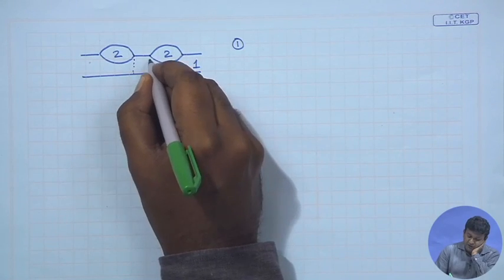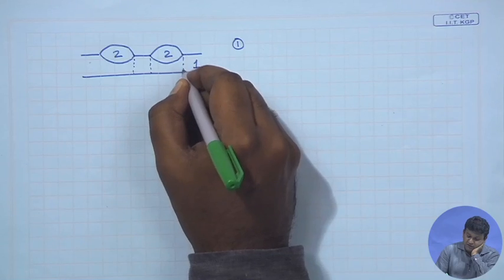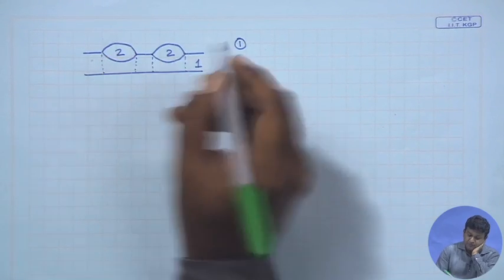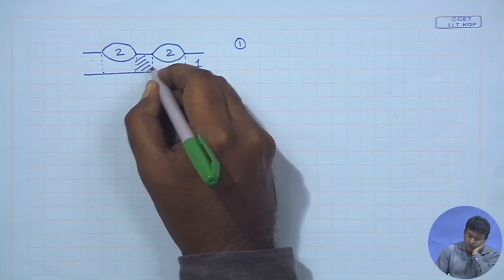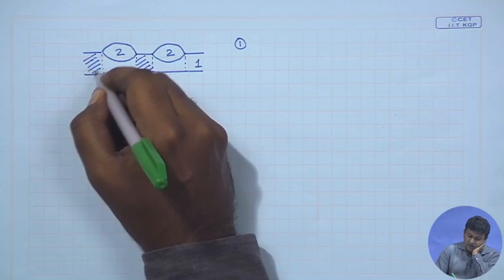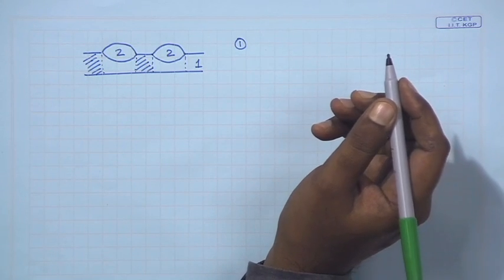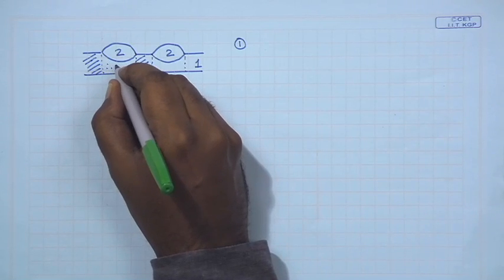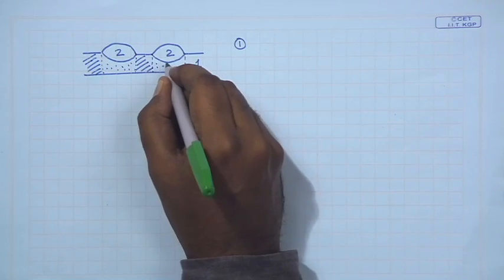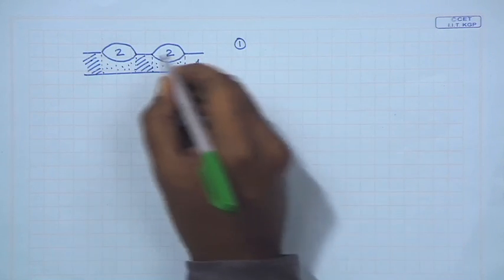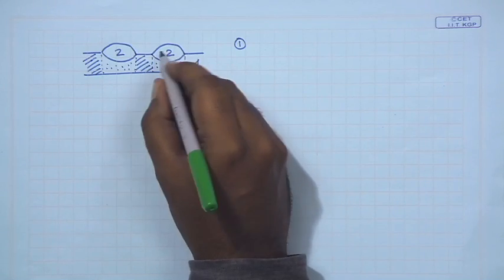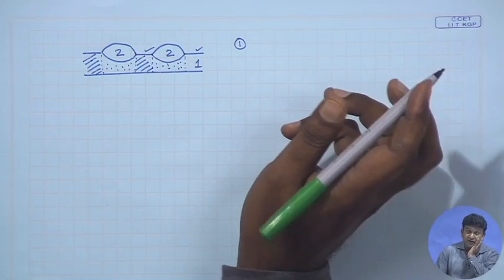So, you see this film 1 in fact has two different types of areas, right. One area is you only have a layer of this under air. The other area is where it is submerged between drops of 2. So, if the film 1 is stable at both the locations, then this is the final morphology.